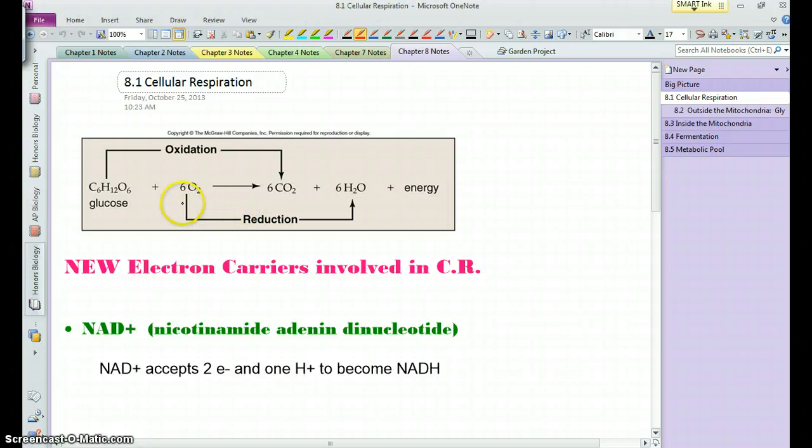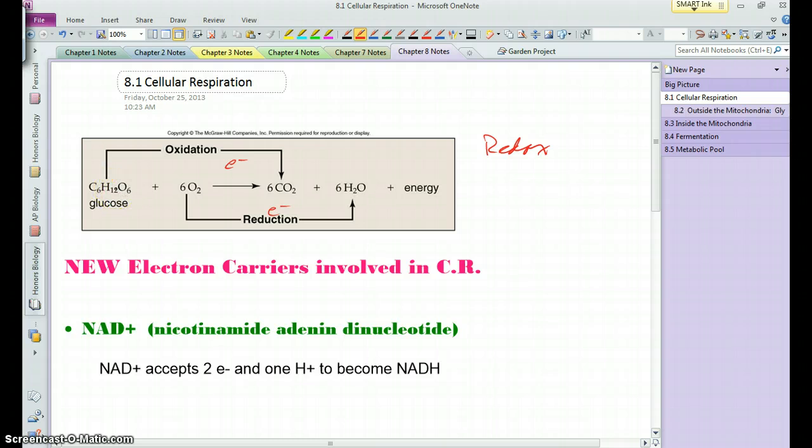So here's our reaction. You'll see we are basically doing redox reactions in which glucose is being oxidized. It's having electrons stripped off of it, and oxygen is being reduced. It's having electrons added. And so in a series of steps, we're going to strip electrons off of glucose, oxidize it.